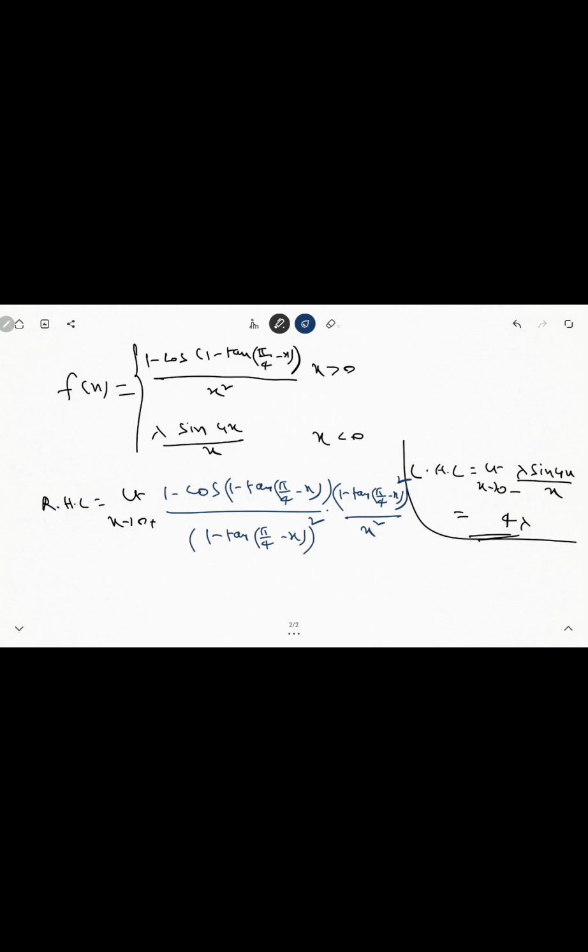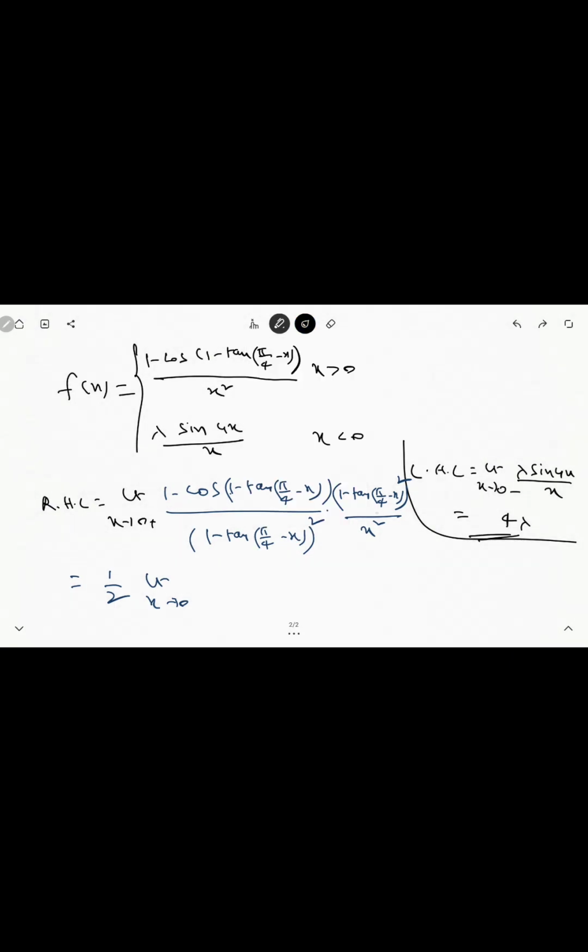Understood? So this part will be 1 by 2 because we have another formula. In the previous classes also we have done 1 minus cos theta by theta square, theta goes to 0. Whenever x is 0, I am getting tan pi by 4 only, 1 minus 1, 0. So I am having 1 by 2. Which one? This part is 1 by 2.